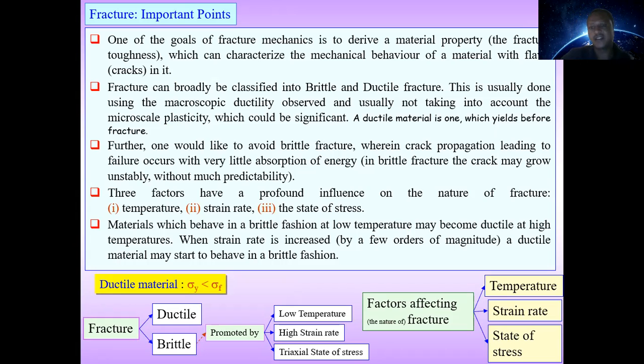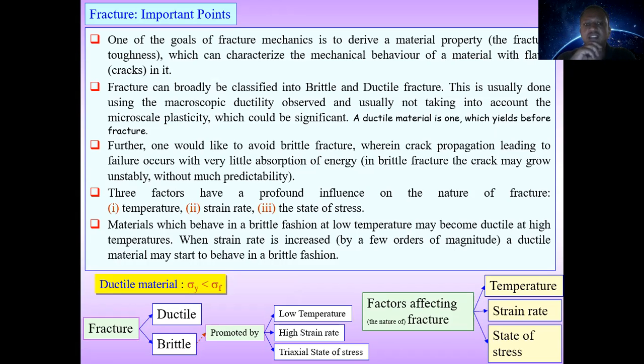A ductile material is one which yields before fracture. Further, one would like to avoid brittle fracture, wherein the crack propagation leading to failure occurs with very little absorption of energy. In brittle fracture, the crack may grow unstably without much predictability.